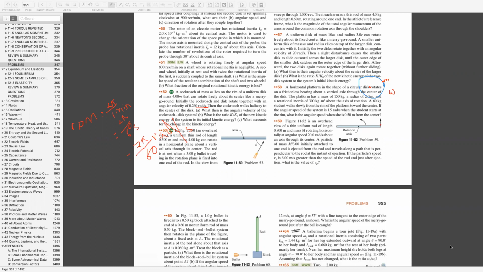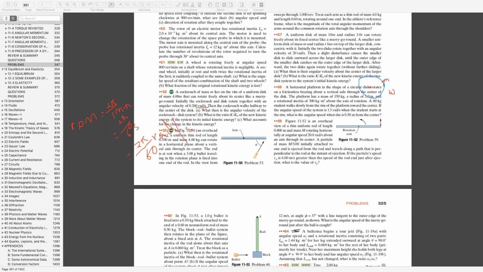As far as I understand it, what we're looking for is the angular momentum of this system. And we know that angular momentum is the rotational inertia times the angular velocity. We know the angular velocity, and we can probably figure out the initial rotational inertia.